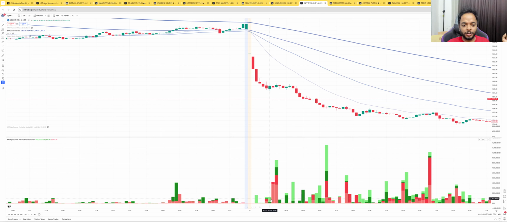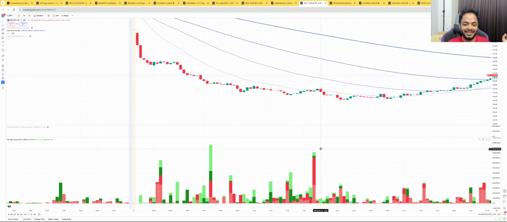Here you would notice what happened in the beginning. After the gap down also they did further call writing. Then it fell, and again here, if you notice, put writing happened, call writing also, put buying, call writing happened, and put writing also happened here.